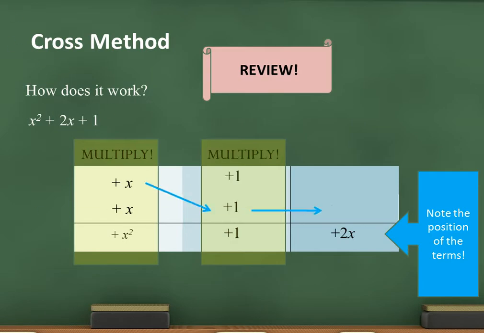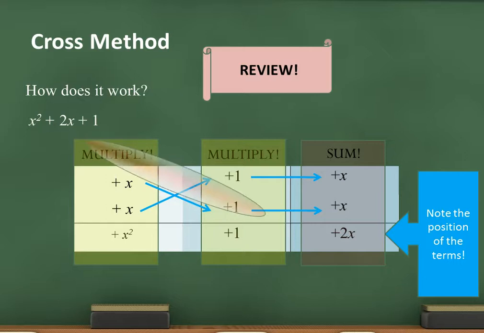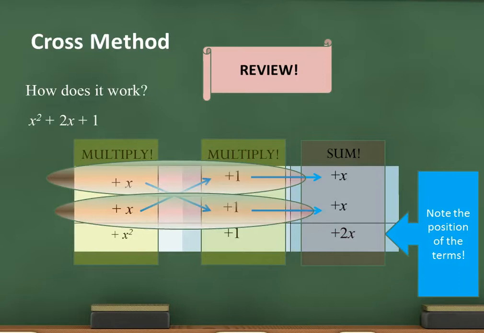Then we cross multiply them to get the third column. The third column is actually a checking column which we must add up to get the last term. Once the table is set up correctly, we get our answers as indicated by the ovals. This is a quick review of the cross method.